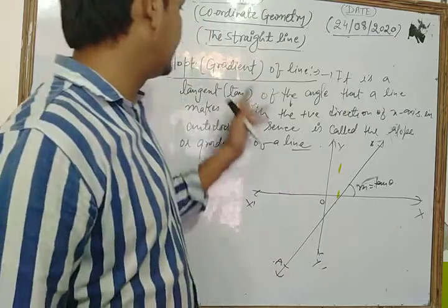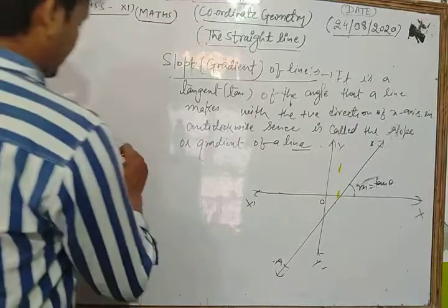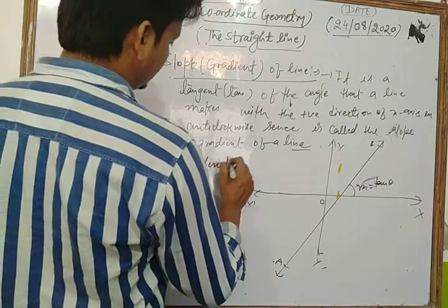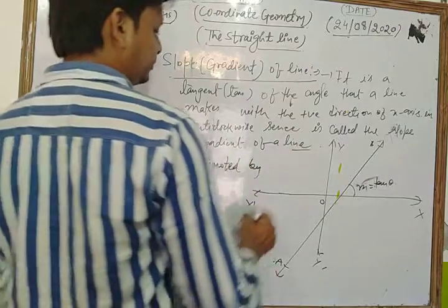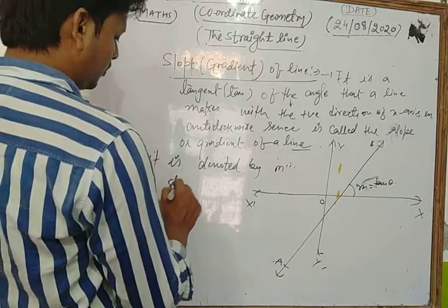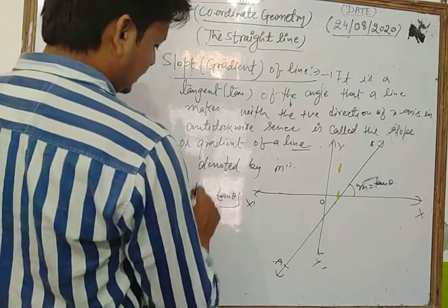And one important thing is that the slope or gradient of a line is denoted by the letter m. So the slope or gradient of a line is m equal to what? Tan theta.